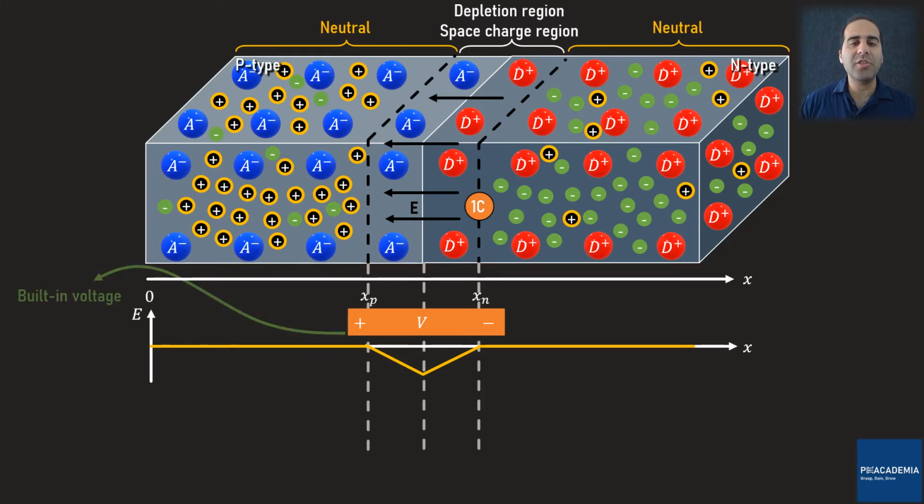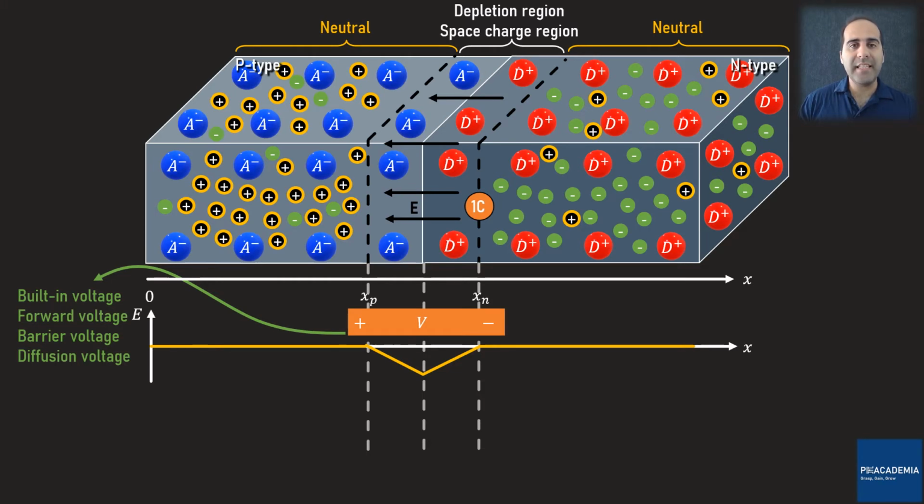This voltage is called the built-in voltage, and in this course, we show it by V sub BI. The built-in voltage is sometimes referred to as the forward voltage, barrier voltage, or diffusion voltage. It turns out that the relationship between the voltage and a static electric field is already formulated.